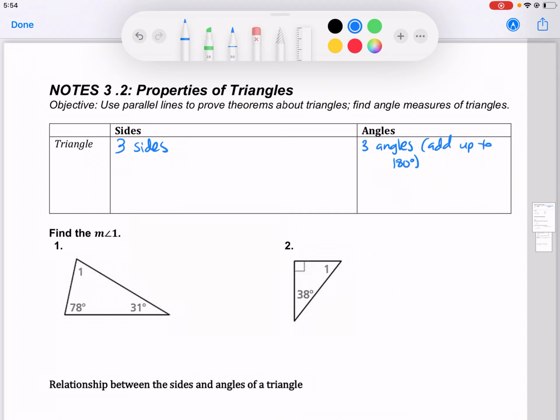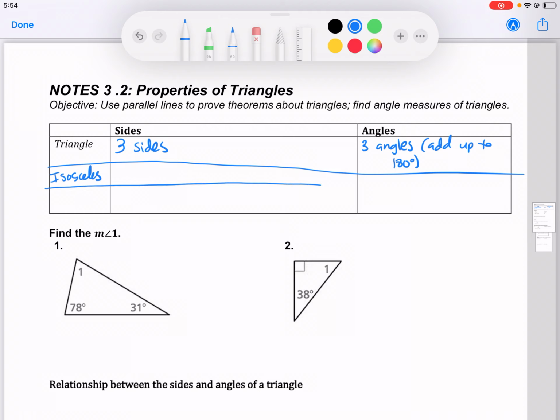Okay. There are special types of triangles. There's the isosceles, and then also equilateral triangles. So isosceles means two sides are equal, and if that's true, then two angles are also equal.